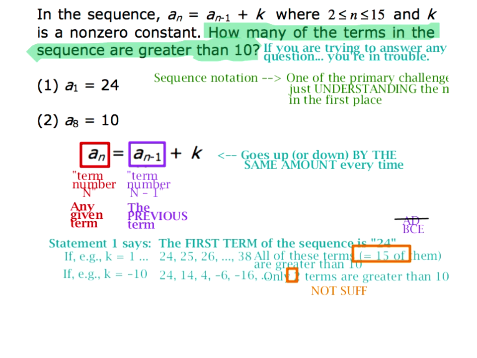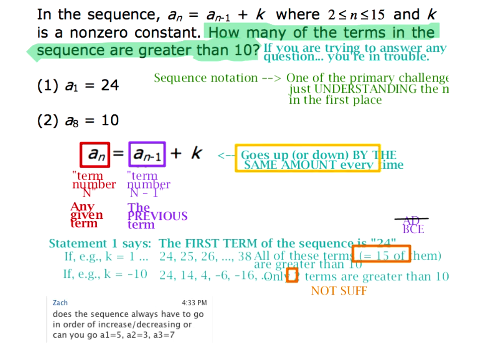Let's address this question in the chat box from Zach. Zach, remember the discussion up there of what this means in the first place, right? So it doesn't have to go in order of increasing or decreasing. Well, check out what's in this yellow box up here. K is a constant. So remember what constant means. Constant means it doesn't really change as you go.